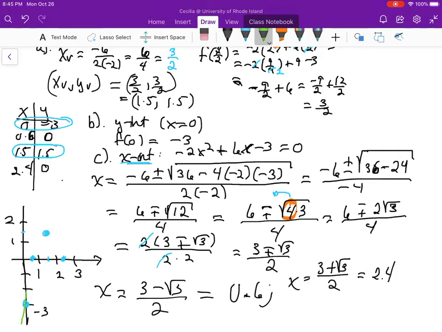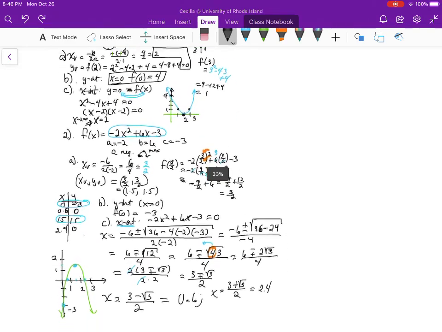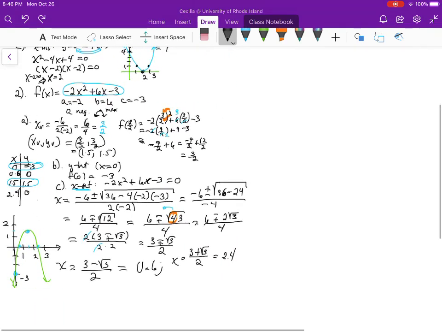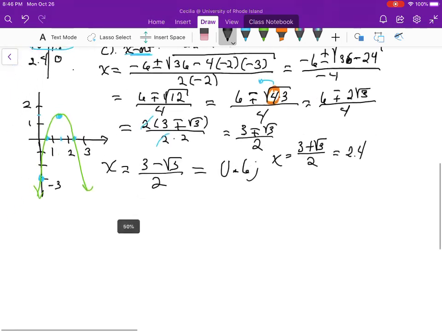It's going to go through these points, opening down. Okay, so we had a value of a on this one of -2. So we've confirmed that we are able to see that because we're opening down. Okay, next problem is going to be problem 3.